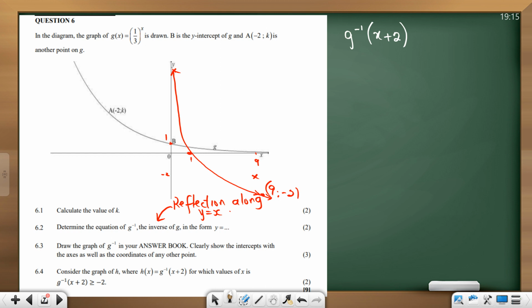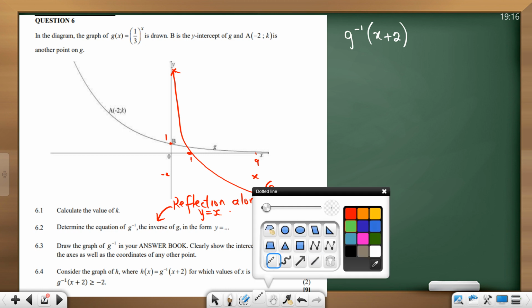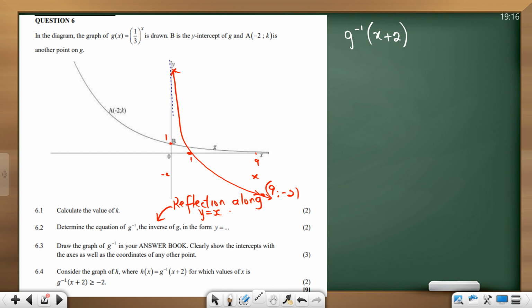How many units? 2 units. I shift the graph. All right, but they said they want this graph to be greater than what? Negative 1. This entire graph is shifted.